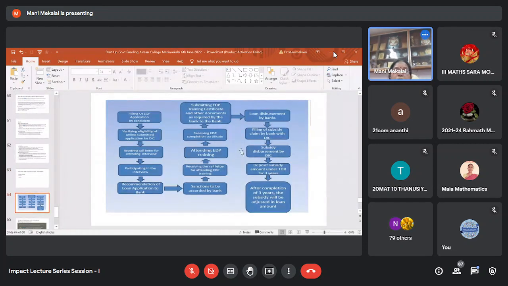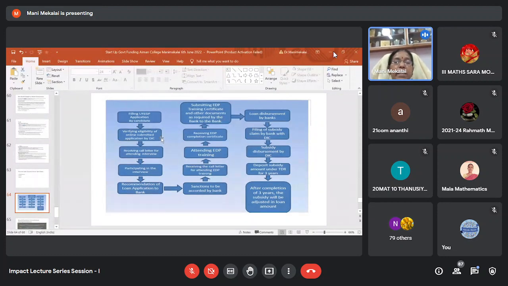Under UYEGP, any individual, for example, people who are here doing your studies, after completion of BA or BSc, you can definitely take up some self-employment loan under this scheme. It is very easy to approach.